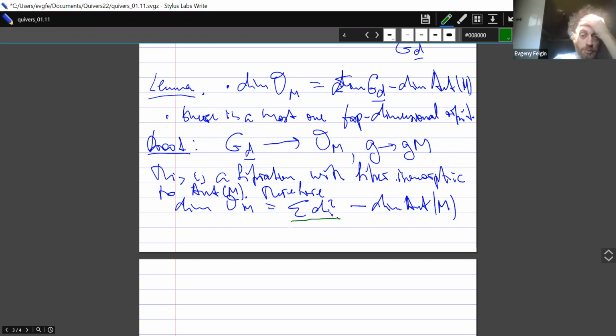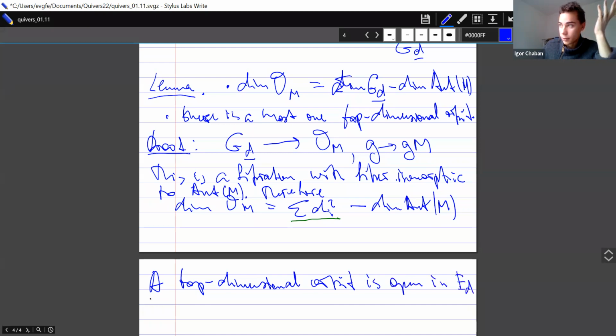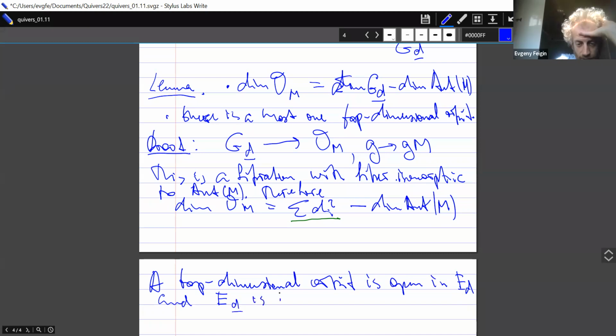So what can we say about a top dimensional orbit? How can it look like? It should be open in our top dimensional representation variety, and two open subsets should have an intersection, and if they intersect, they are equal because it's just an orbit of a group. And E_d is irreducible.